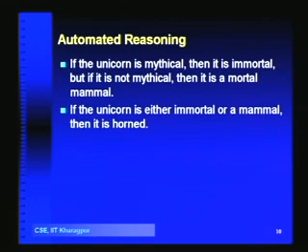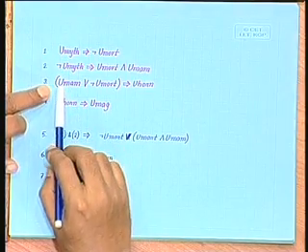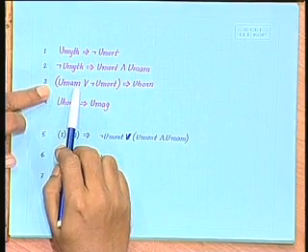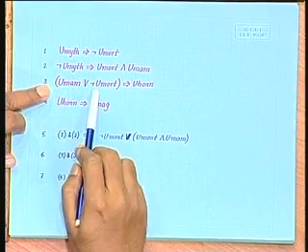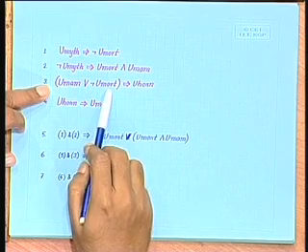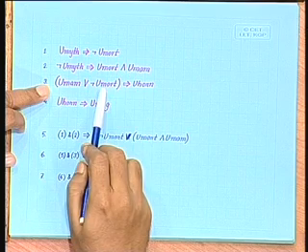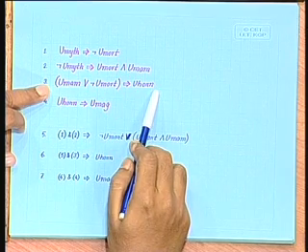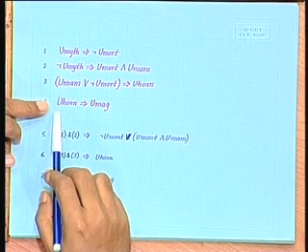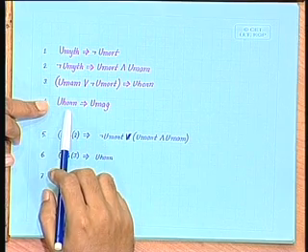Then when we look at the second one, it says that if the unicorn is either immortal or a mammal, then it is horned. If it is either immortal or it is a mammal, then it is horned. And the final statement says that if it is horned, then it is magical.